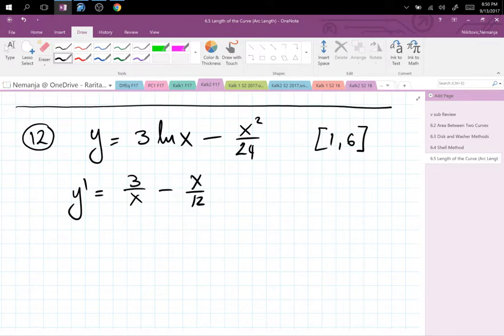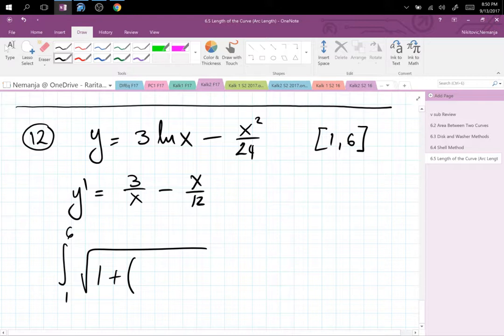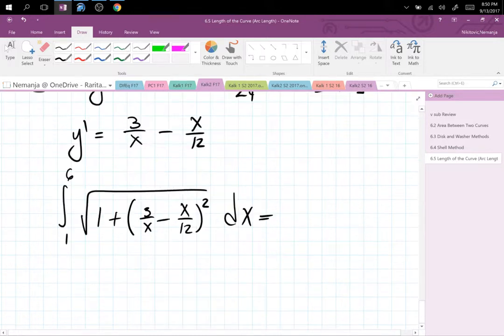All right, let's take a look at this real quick. Integral from 1 to 6 of the square root of 1 plus open parenthesis 3 over x minus x over 12 squared dx.